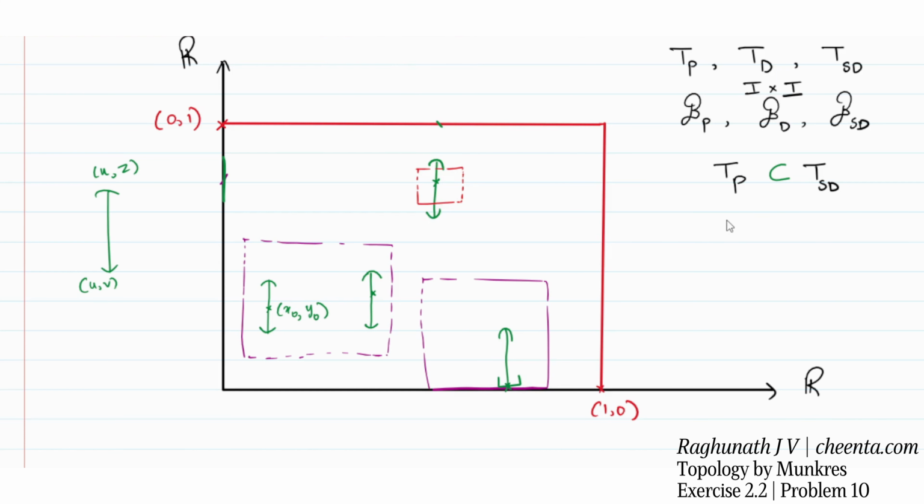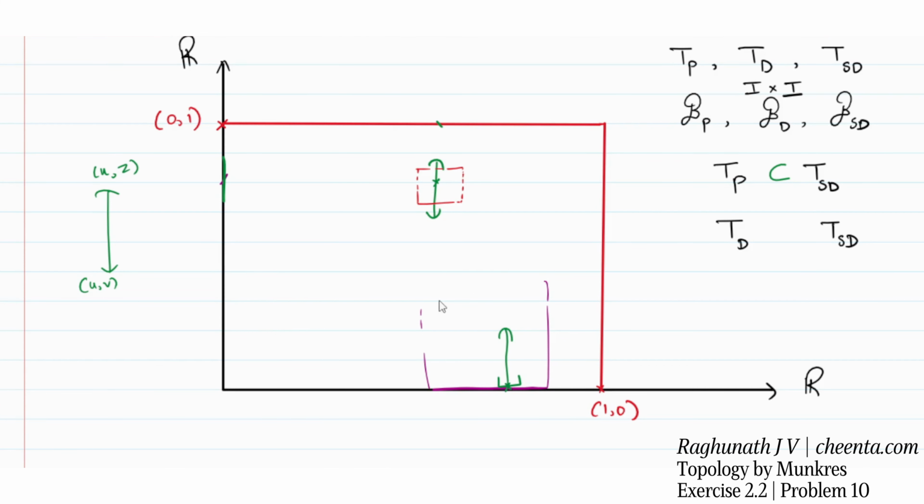Now let us compare T_D and T_SD. T_D and T_SD is simpler because both of them look alike. And it also turns out that for any point that you take, say x0, y0, and you draw the basis element from B_D, suppose say it looks like this.